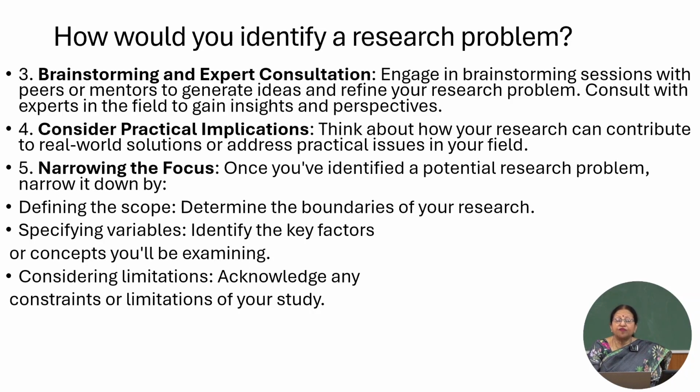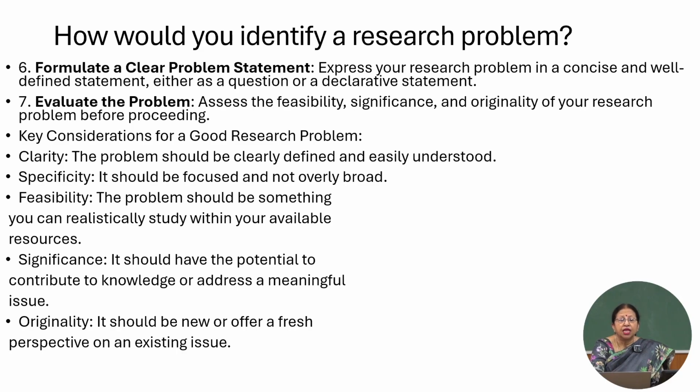And then you have to also be prepared. Are there any limitations? Acknowledge those constraints and limitations and whether or not you can overcome them. So, considering that concept and thoroughly examining it through literature survey will help you to do this.